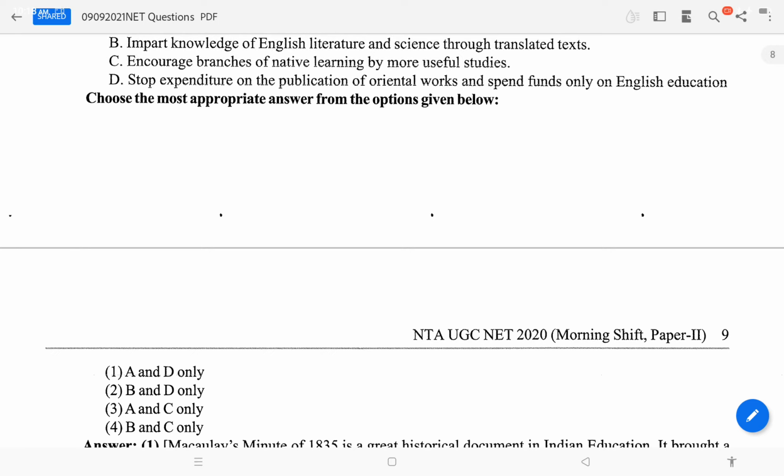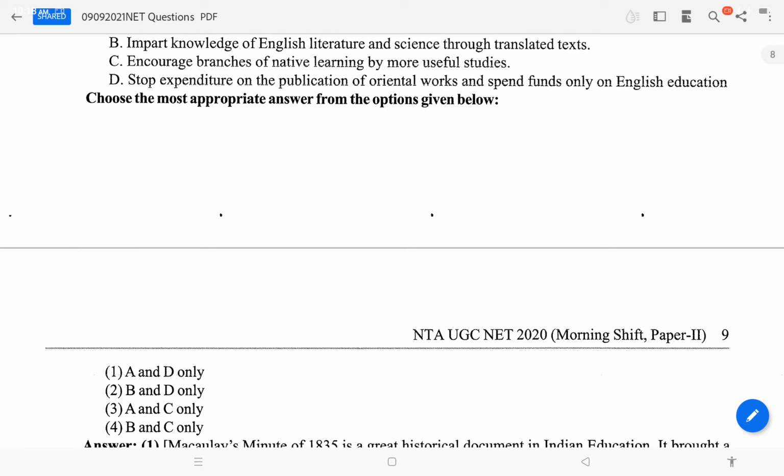He wanted to create a pool of Indians who would be able to serve British interests and be loyal to them. Infiltration theory, which I told you before: this class would be Indian in blood and color, but English in taste, in opinions, in morals, and in intellect.